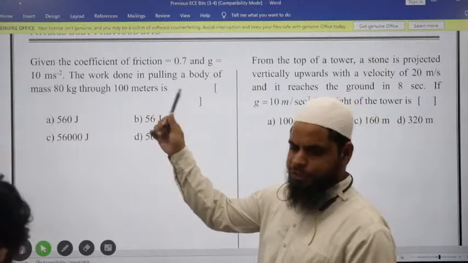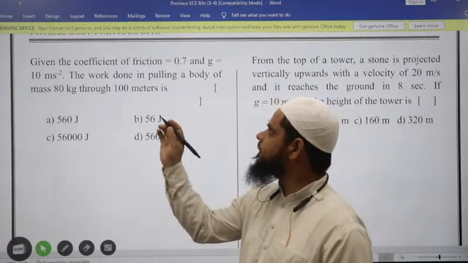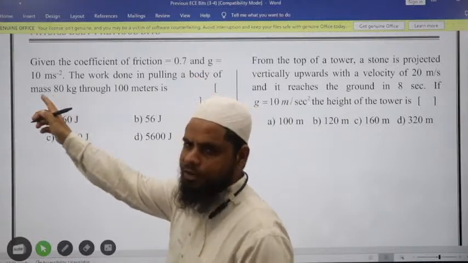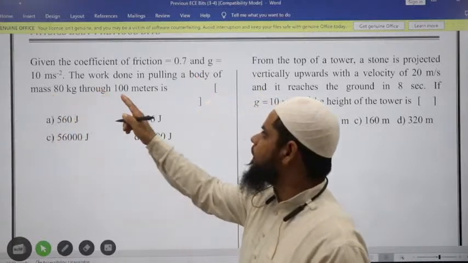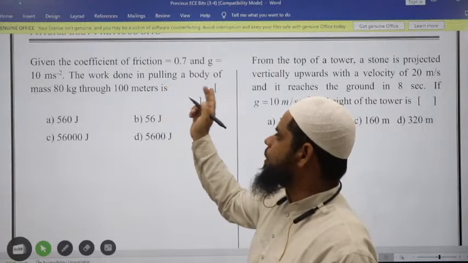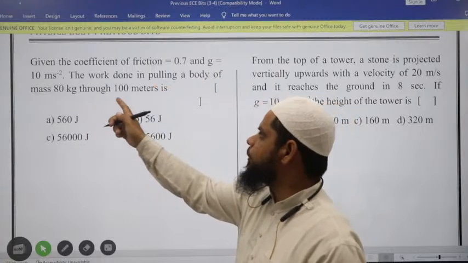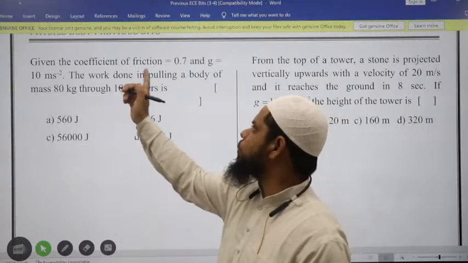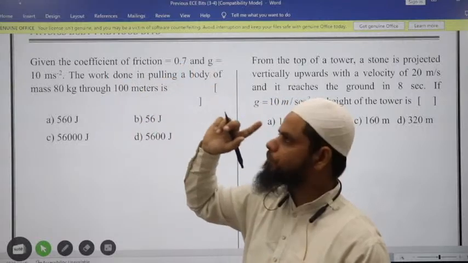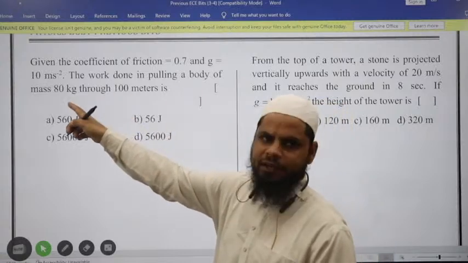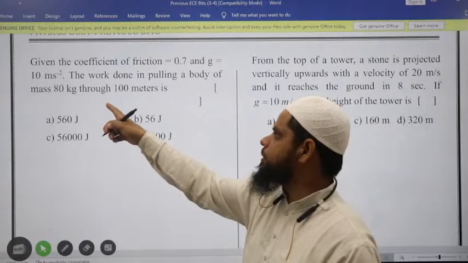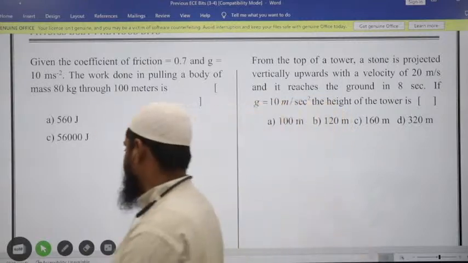Given the coefficient of friction 0.7 and g is equal to 10, the work done in pulling a body of mass 80 kg through 100 meters is what? Look at what he has asked here.